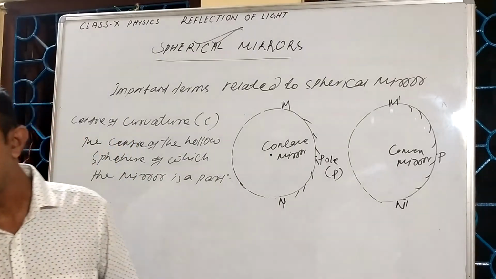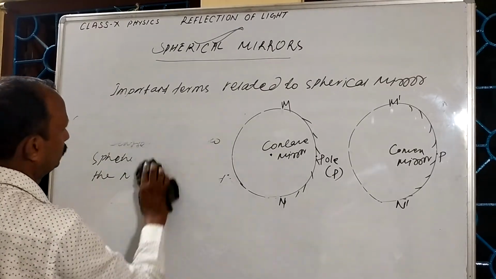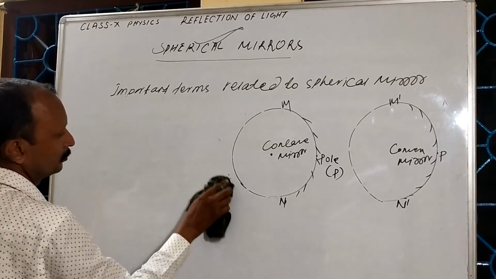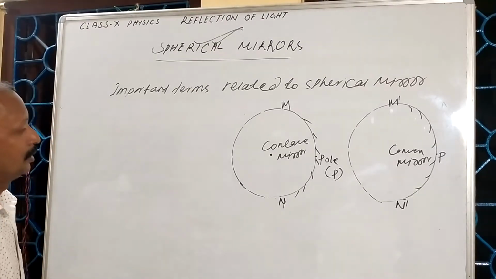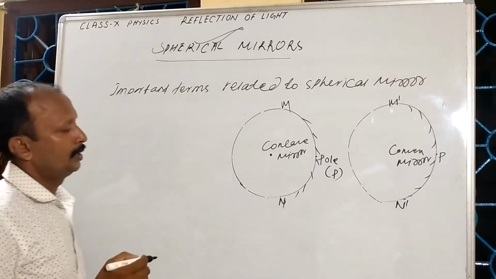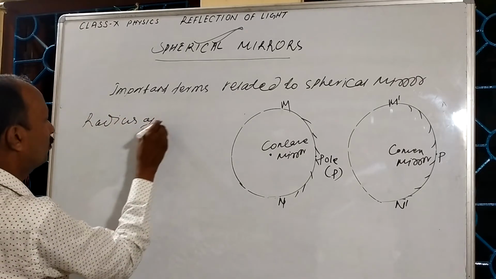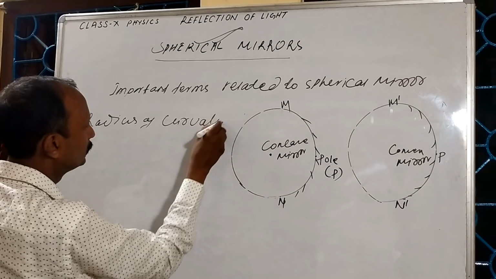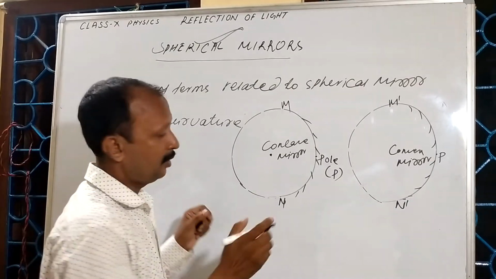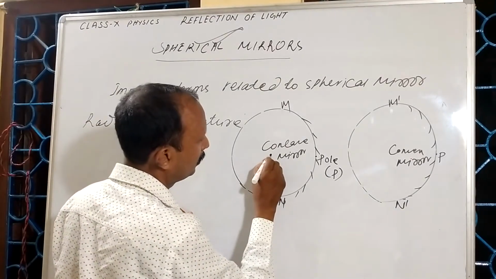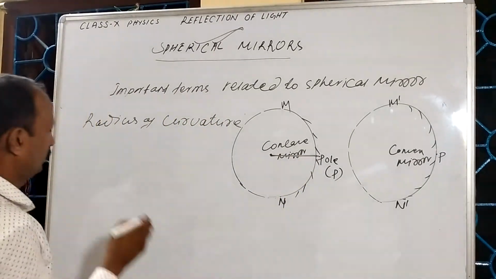Next point I am going to tell about the radius of curvature. The distance from center of curvature to the pole of the mirror.